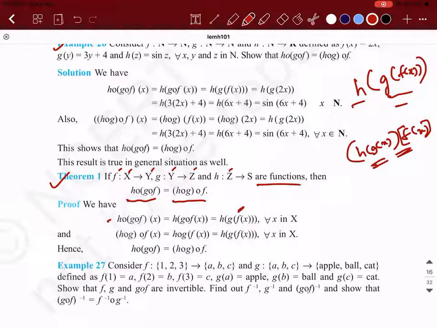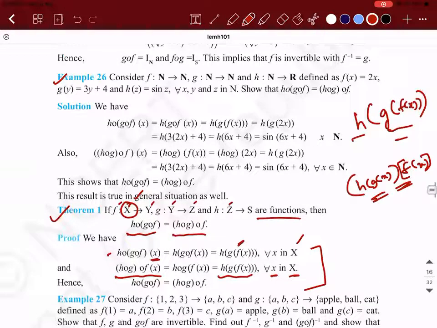For all values of x that come from the set X, because the first function's domain is X. Similarly, h circle g circle f of x is going to be h of g of f of x for all values of x in capital X. So they both are the same only. That is what they're trying to say. Actually, it is not needed, just for you to understand. That's it, because the last problem itself has told you.